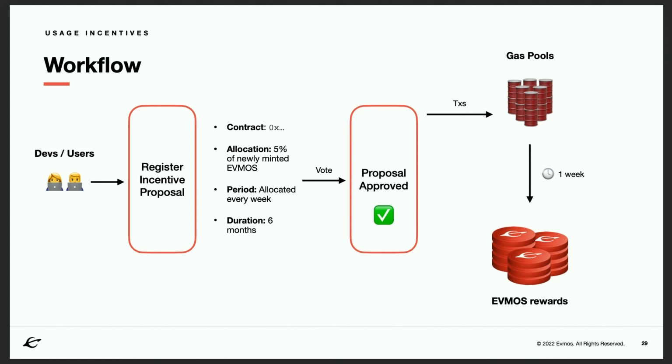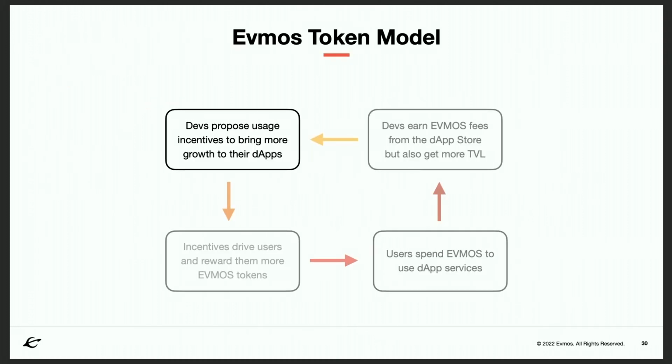And this gas will be accumulated in these gas pools, where at the end of each week, you will calculate each of the pro rata shares of the total gas that you spent in these contracts compared to the total amount of gas that was spent during this period, and then you're going to distribute the Evmos rewards.